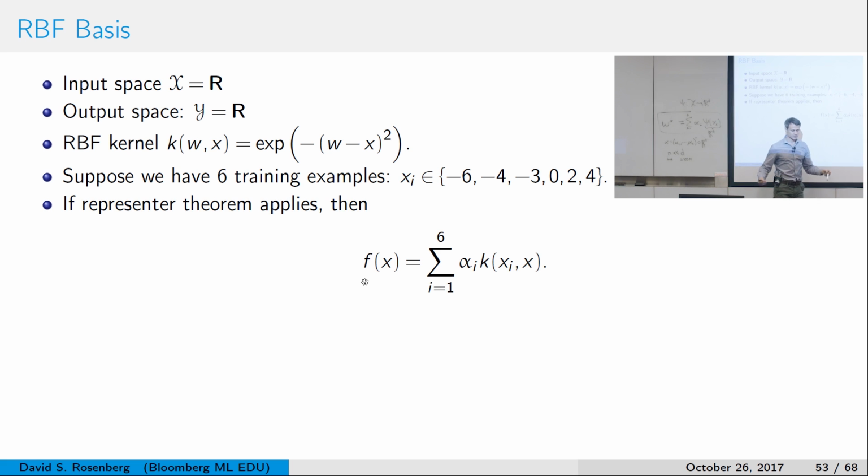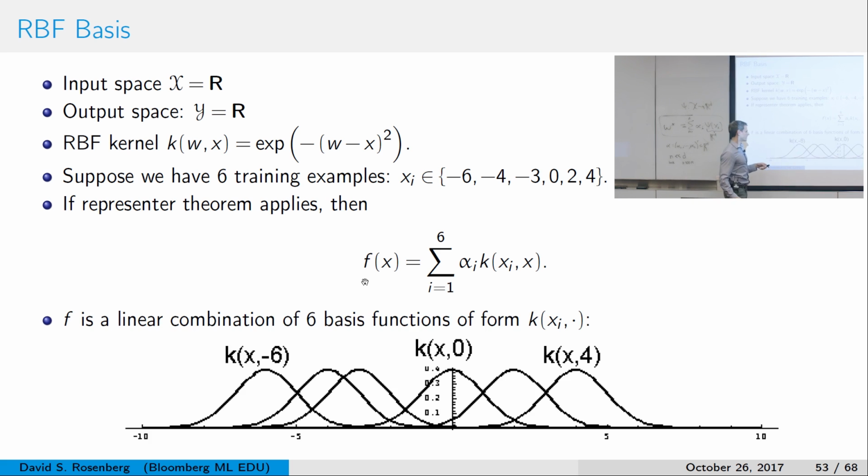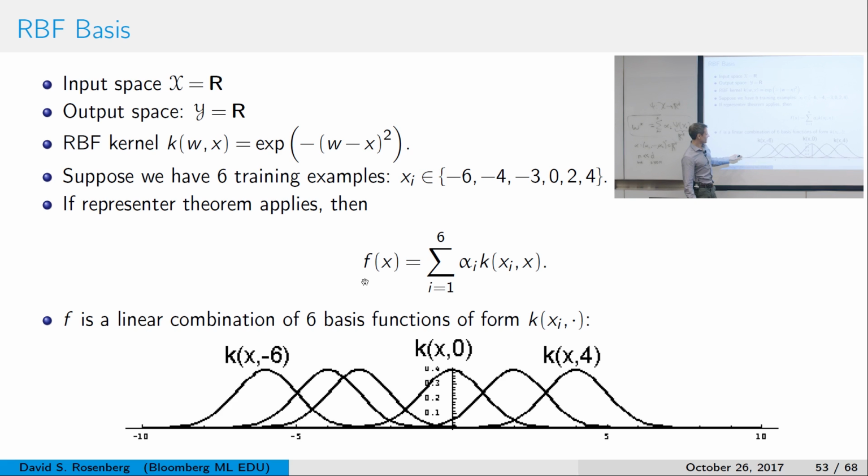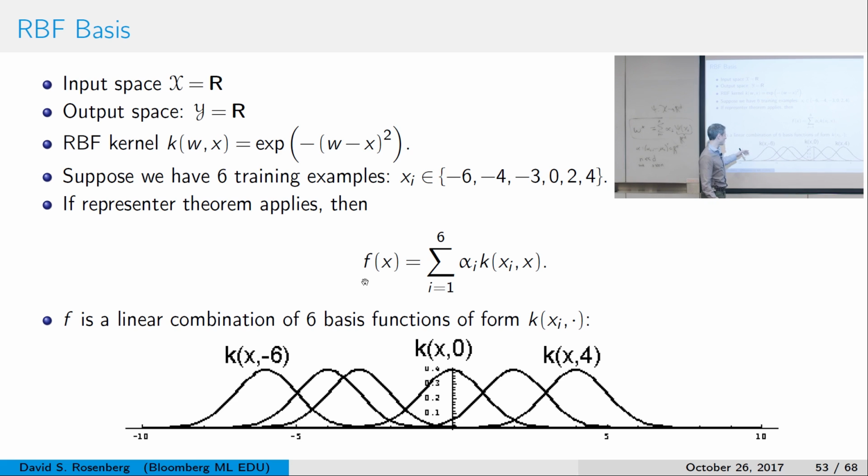For any x, this function returns a similarity of x to a fixed xi. So let's draw those functions out. I made this graph a long time ago. You can see it's a little pixelated. It got pixelated with the years, probably because I screenshotted it on a really low resolution monitor.